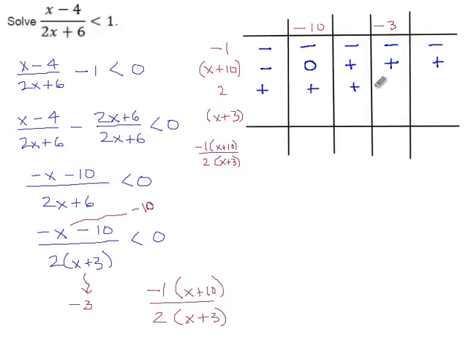It's positive everywhere. If x is lower than negative 10, we get negative here, negative here, negative here. If x is exactly negative 3, then this term comes out to 0. And if x is negative 2 or higher, then we get a positive result from this piece.